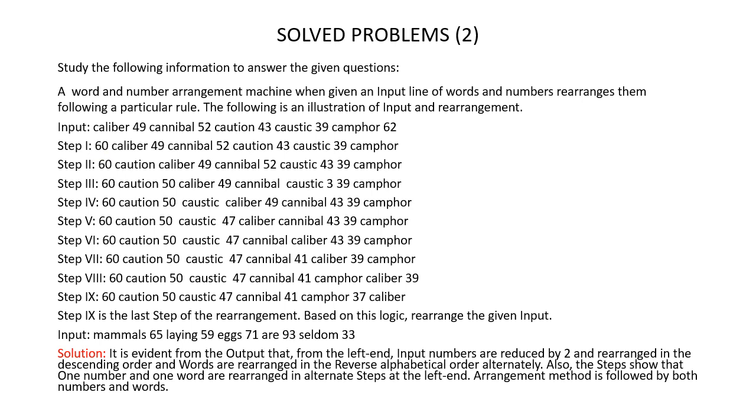The next element to be rearranged in step 2 is caution. The next element that is rearranged in step 3 is 50. The next element that is rearranged in step 4 is caustic. So clearly this shows that rearrangement is done in the same order as is given in the output. Now these two reasons show that arrangement method is followed by both the numbers and words.